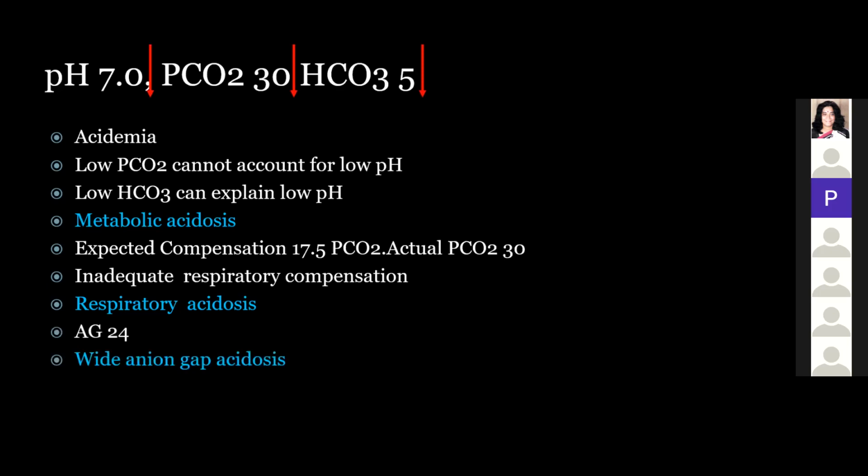And as you rightly mentioned, there's a wide anion gap acidosis. So we have multiple issues here. Your wide anion gap acidosis, which seems quite severe, and there is a respiratory acidosis, which means there's poor compensation happening. Would you like to take this a step further?